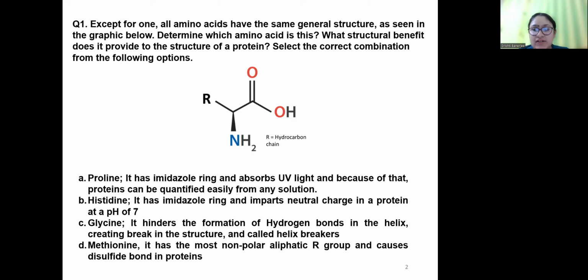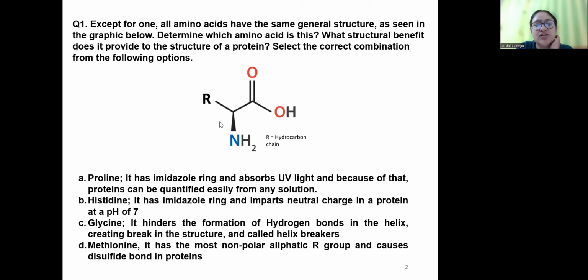So whenever a structure is given, try to find whether that particular amino acid falls within it or not. Does it have a ring? If it doesn't have a ring, then just rule out those 5 amino acids. Now come to the basic structure. All amino acids will have this part common. I hope my pointer is visible. This part will be common for all amino acids. This is the R group, it keeps on changing.